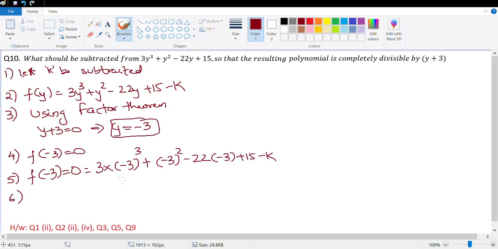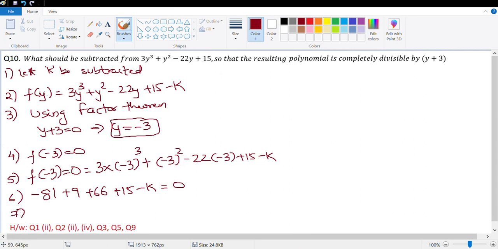Negative 3 cubed, that's negative 27, multiplied with 3, that's negative 81, plus 9, negative 22 into negative 3, that's plus 66, plus 15 minus k will be equal to 0.